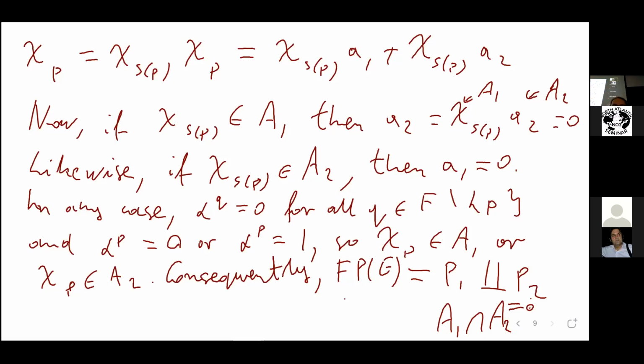But now what we just proved is that we take any path P and then chi P is either in A1 or in A2, which means that P, our finite path P, is either in P1 or in P2. So I have this beautiful decomposition. Okay, this is exactly what I wanted to accomplish. All right.